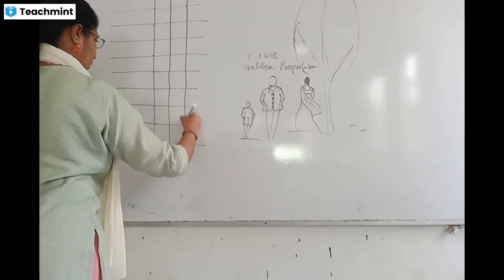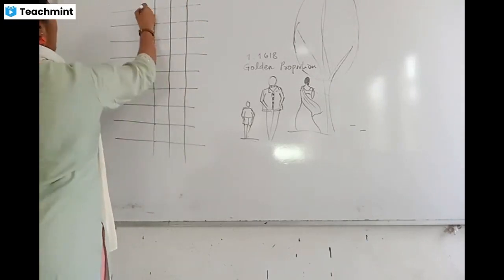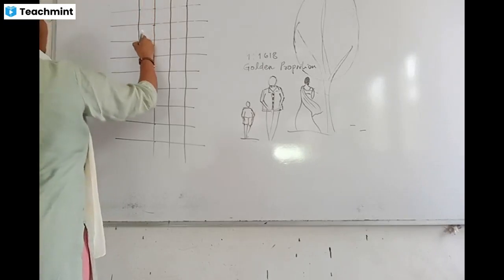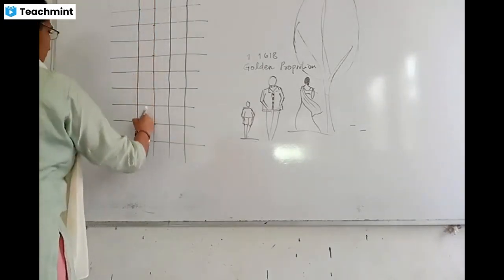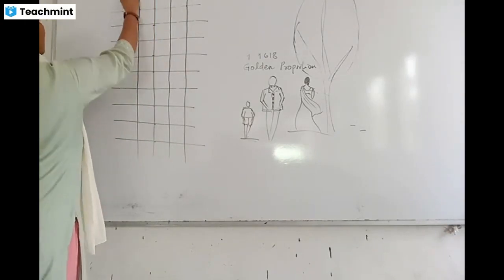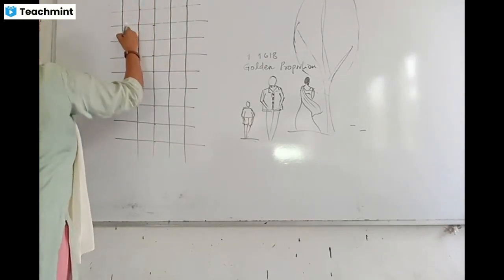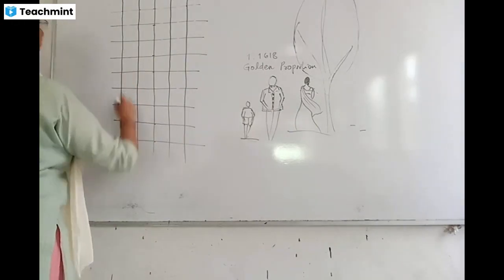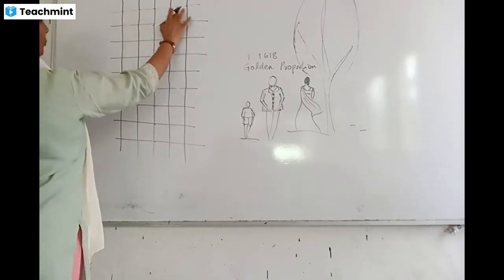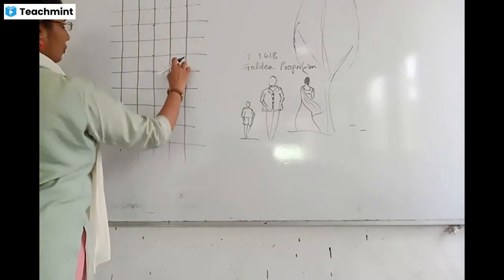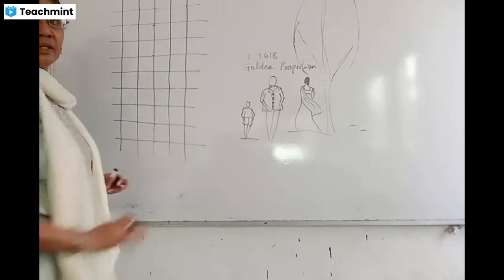So individual unit has to be a square here. Thus we get a grid of 1, 2, 3, 4 blocks to 8 blocks. 1, 2, 3, 4, 5, 6, 7, and 8.